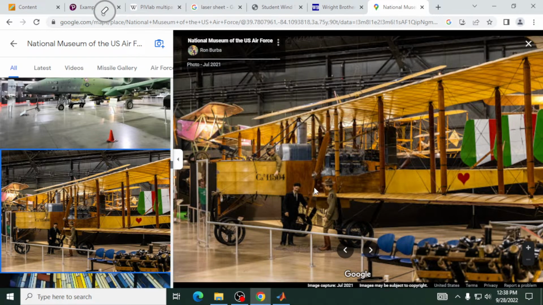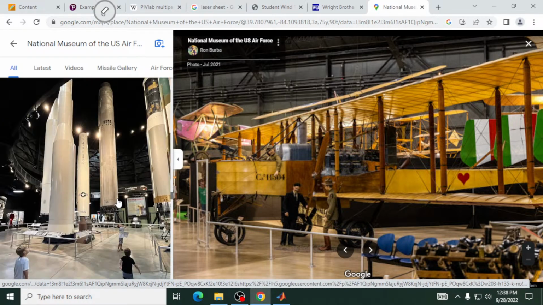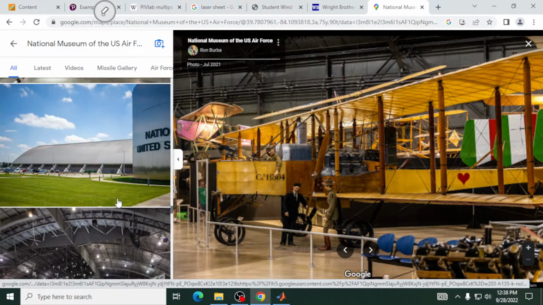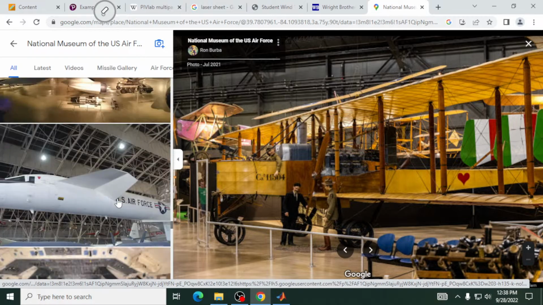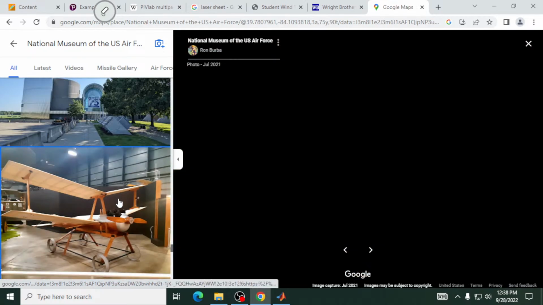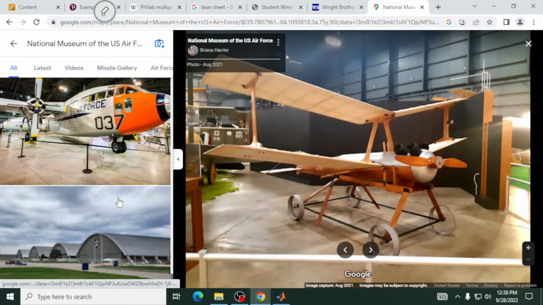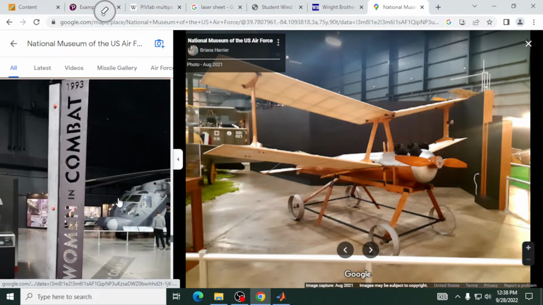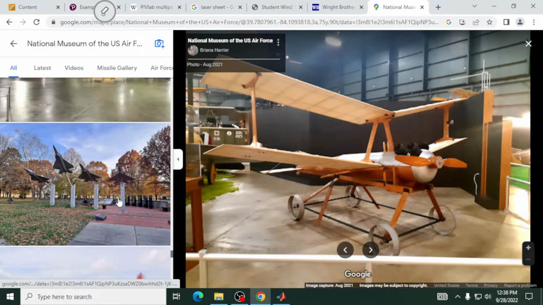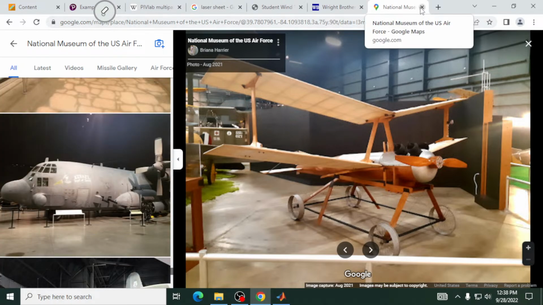Oh, and they have little mannequins, that's right. It's broken into two sections when you come in the door. You can go to the left or right, but you get to come back and go to both. Look at that thing. So that's supposed to be the second largest airplane museum in the world. The largest is the Smithsonian.